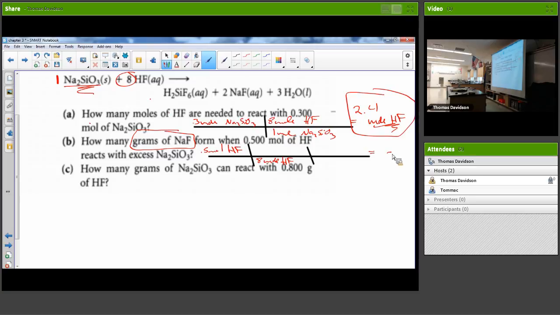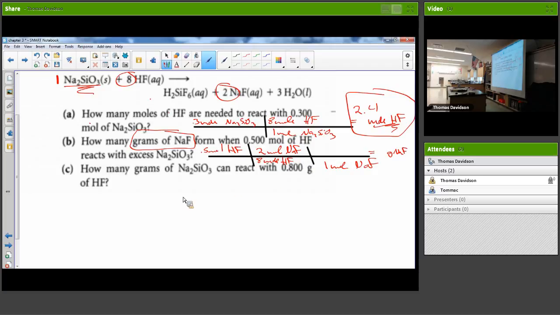I want grams NaF, so on top I must need 2 mole NaF. Then what do I need to get rid of? 1 mole NaF. And then I needed to calculate the mass of that.